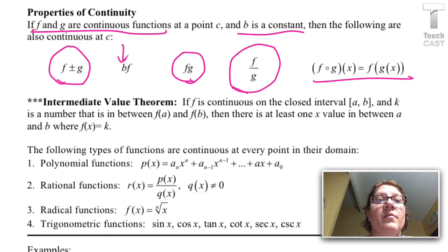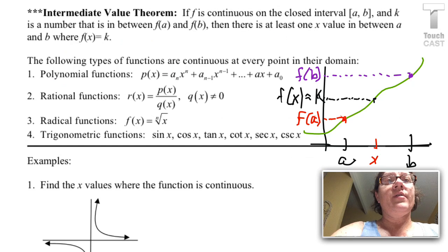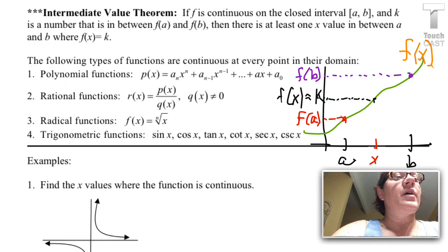So many rules. So on this next one, the intermediate value theorem, which is very, very important, what it says is this. So I have this continuous curve, f of x, and it's continuous on the closed interval a to b, so from a to b, here we are, and k is some number in between their y values.